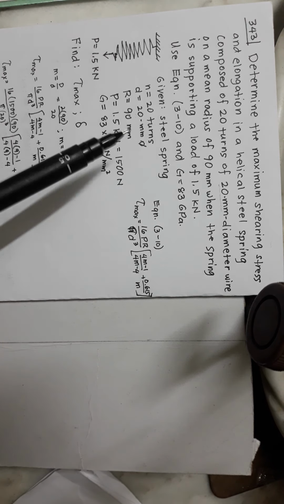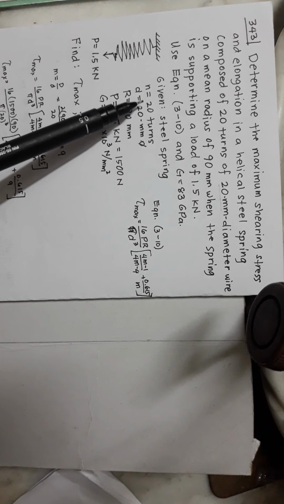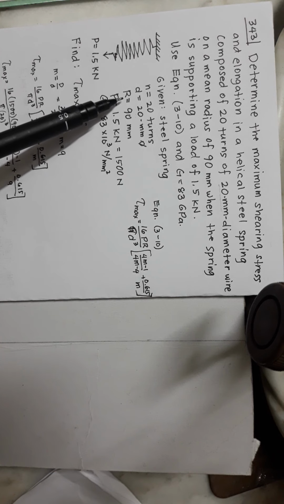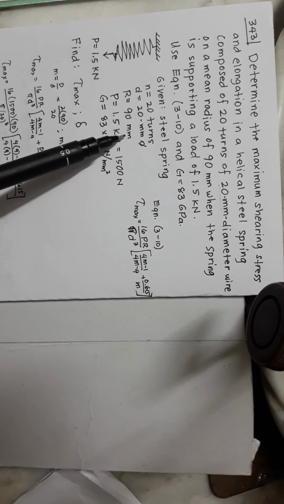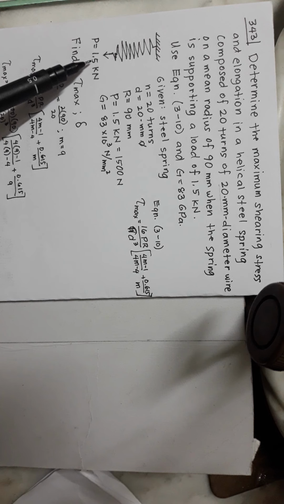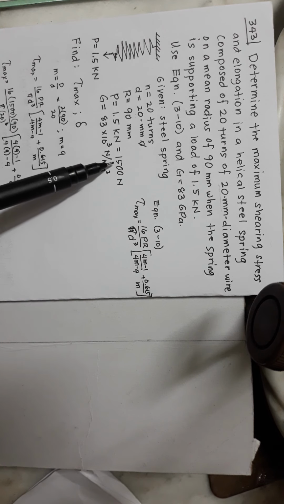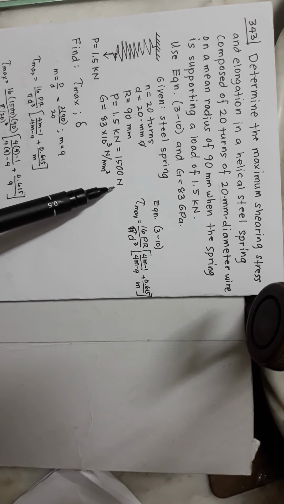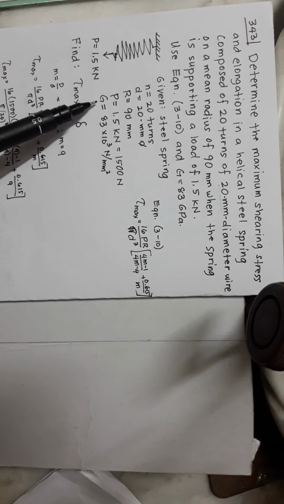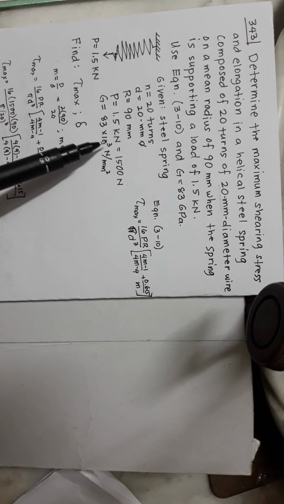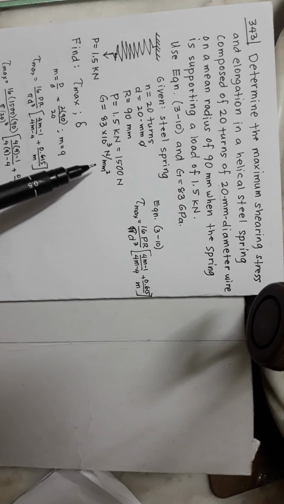So what is given here is a steel spring having 20 turns. The wire diameter is 20 mm and the mean radius of the helix is 90 mm. The load P is 1.5 kilonewton, which is equivalent to 1,500 newtons, and the modulus of rigidity is 83 times 10 to the 3 newton per mm squared.